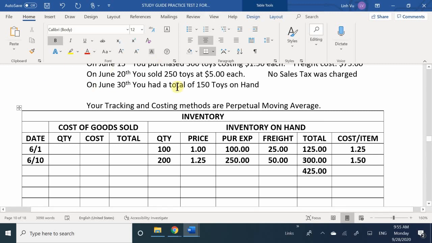And how many total items do I actually have? 300. Okay, so what is now my average cost per item? 1.4166. 1.41666667, right? Okay, cool.